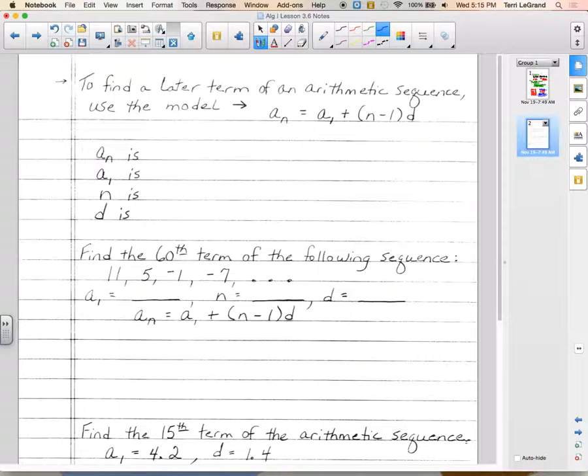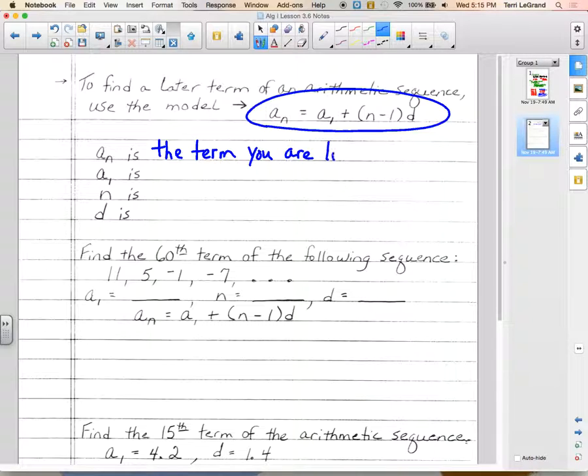So here's our model right here. A sub n, remember we said that is the term you're looking for. So in this case, if I said I wanted you to find the 100th term, it'd be a sub 100. Your n value would be 100.